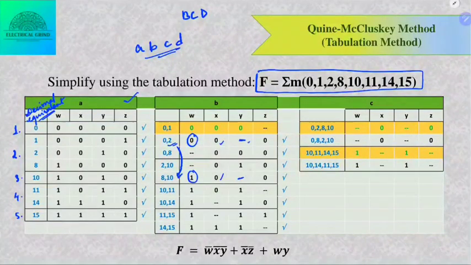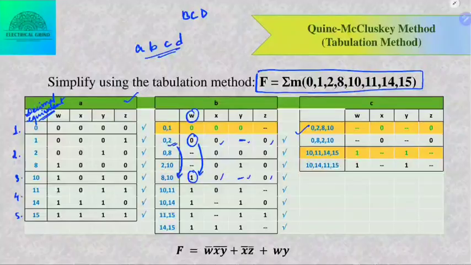In the third position we have both dashes, which is fine, and in the fourth position we have zeros and zeros, which is the same. So as you can see, we can now consider 0, 2, 8 and 10, because they vary at only a single position, that is, a single variable. So we will write this combination in section C, where we will consider 0, 2, 8 and 10.